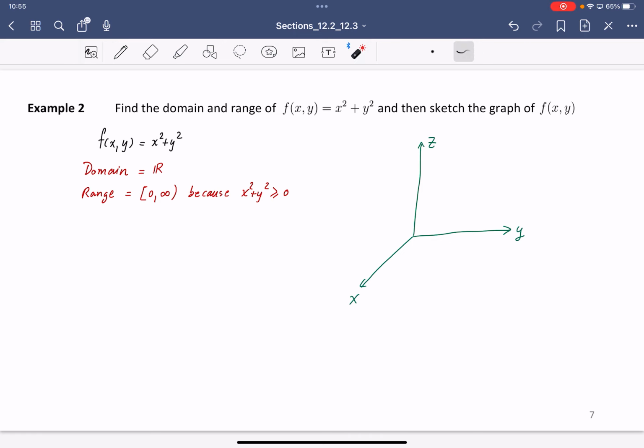Some people are going to say, can we set x equal to 1, y equal to 1, and then z equal to x squared plus y squared? If you have x equal to 1, y equal to 1, z equal to 2, and then you plot (1, 1, 2), and then you plot another one, and another one, you will not see the picture easily. So the way that we're going to do it is we're just going to fix the value of z.